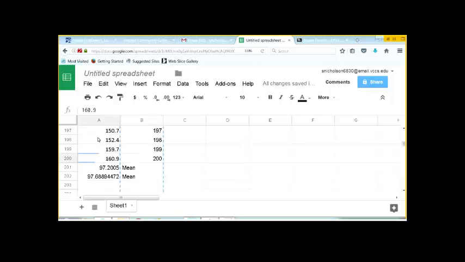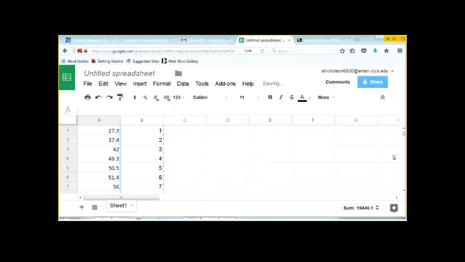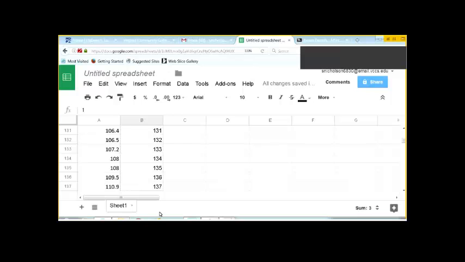What I'm going to do is take my original data here and order it again. So there's going to be one less data point. That's just to get rid of that space. So sort by range. Okay, so now it's sorted. I'm going to do this again, and I'm going to renumber these. So if I highlight these two and do this again, it'll renumber them to 199 because I have one less data point.